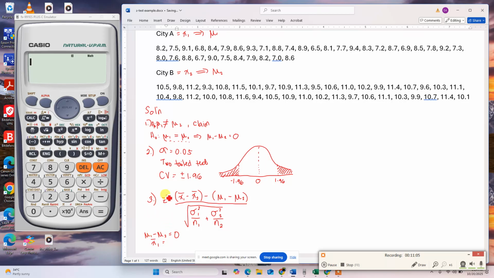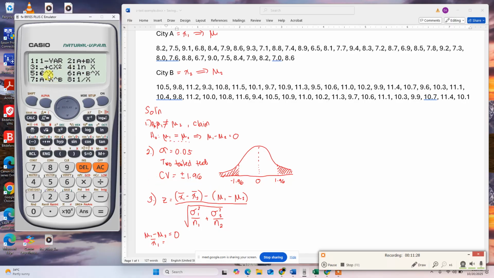Taking it that this would be the interface of your calculator, you click mode and then look for stat. In this case, the stat is 3, so you type 3.